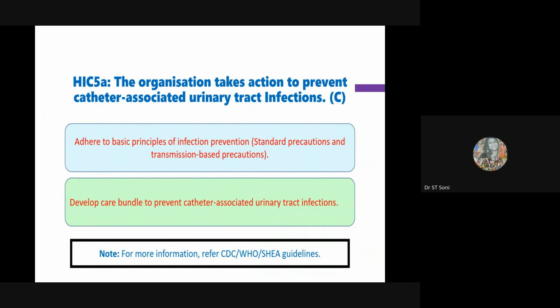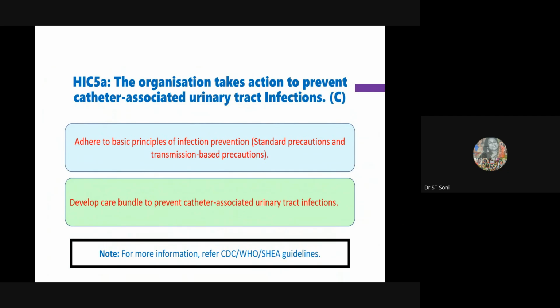Then there are four types of infection which we need to monitor as a part of healthcare associated infection. Out of them, three are device associated and one is procedure associated. So with devices, it is said that when you use a medical device like a catheter, ventilator, or central line, the risk of infection increases.